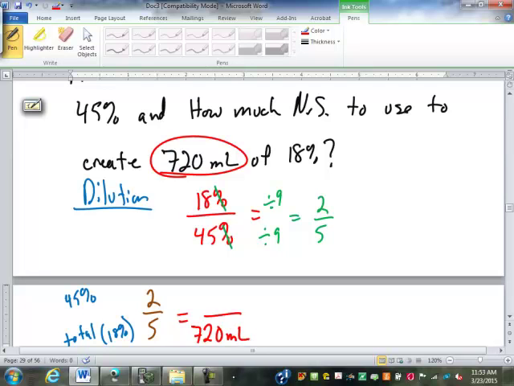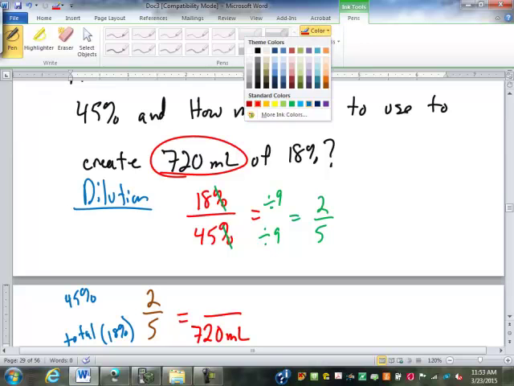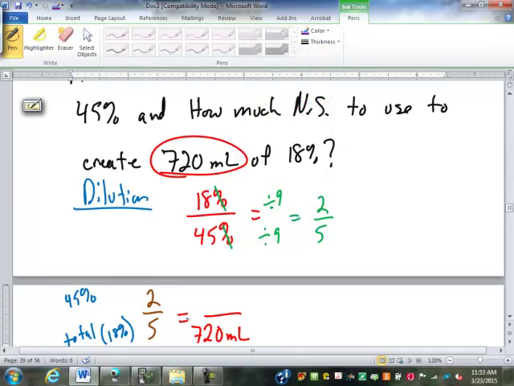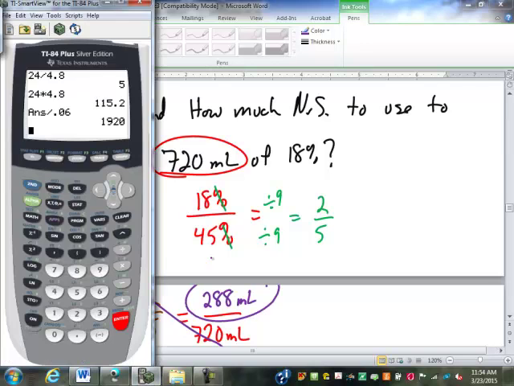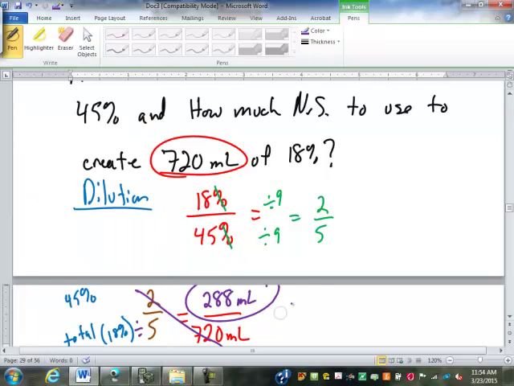So we'll put the 720 milliliters on bottom with the total volume, and we'll cross multiply and divide. 2 times 720 divided by 5 is going to give us, I believe, 288 milliliters. Let me double check that. That is correct, 288 milliliters.